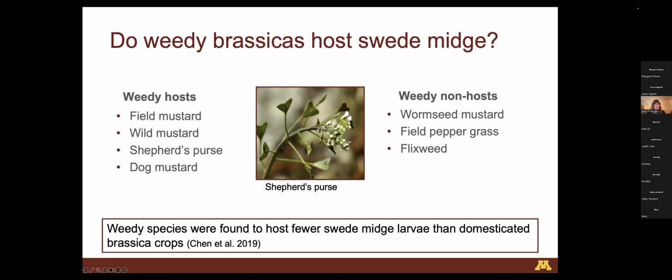In general, according to a study done by a colleague at University of Vermont, weedy species were found to host fewer Swede Midge larvae than domesticated brassica crops. So it seems they prefer the cultivated crops that we're growing in our gardens.